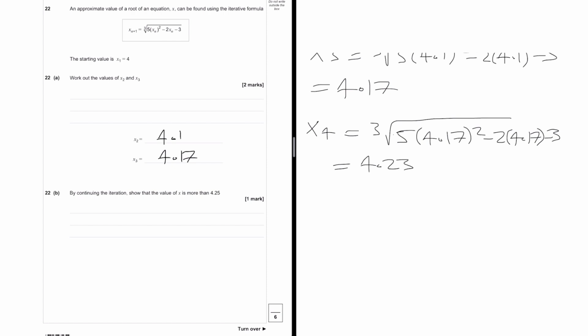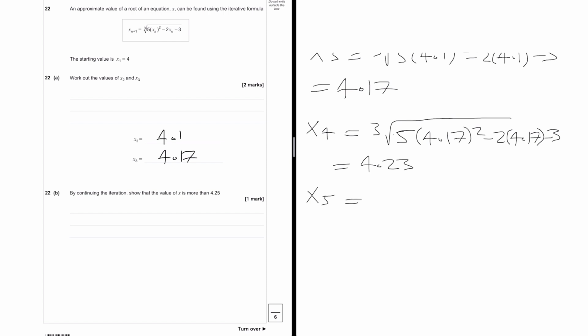So the cube root of 5 times answer squared minus 2 times answer minus 3. And then every time you click, it will update the answer. So you click it once, it will give you your x2. You click it again, it will give you your x3. You click it again, it will give you your x4, and so on. And it just means you don't have to keep typing in a value. So it's just a little trick to do that.